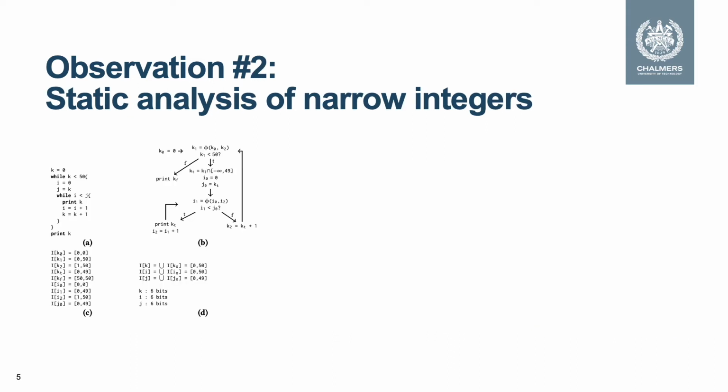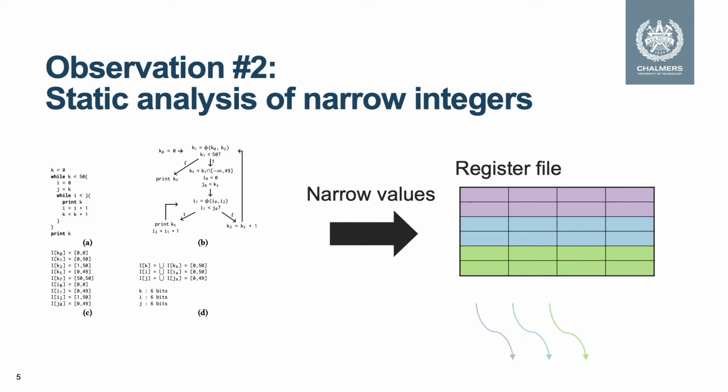The second observation is that it's possible to carry out a static analysis offline in order to find the range of each integer and thereby reduce the number of bits needed to store these integers. That also means that the footprint of the integer operands can be reduced, and thereby we can also increase the thread-level parallelism.